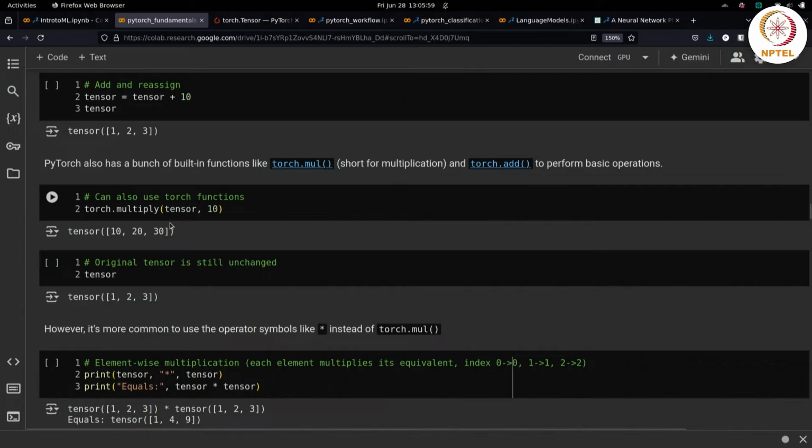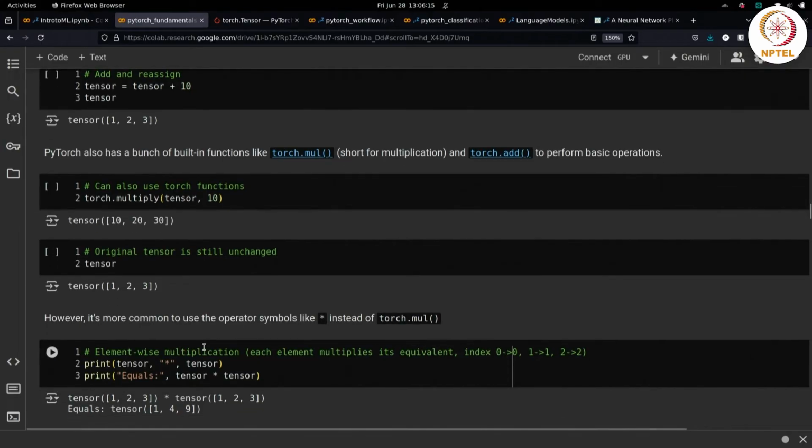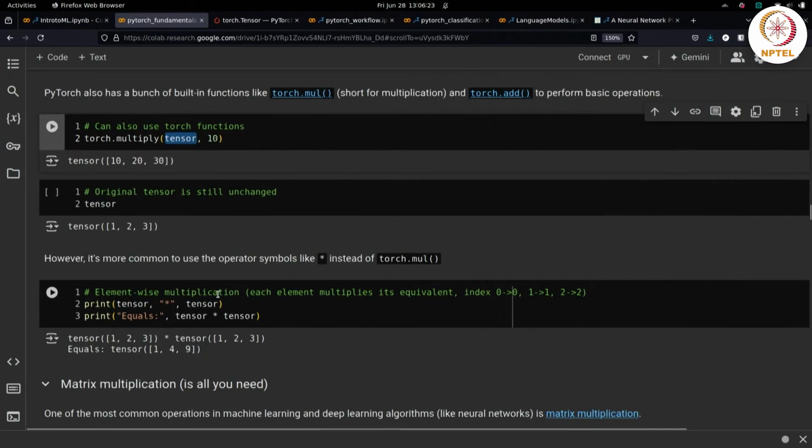Right? One important thing that you should note here is the difference between element-wise multiplication and matrix multiplication. torch.multiply followed by a tensor and a scalar would do an element-wise multiplication, where each element is multiplied by that particular scalar.